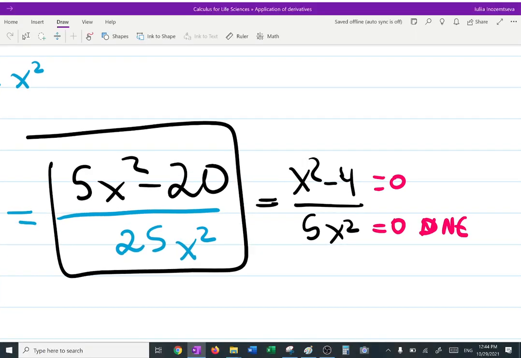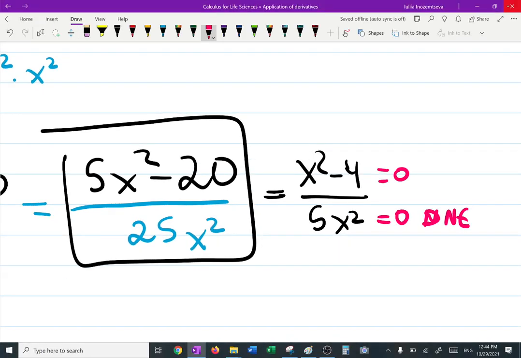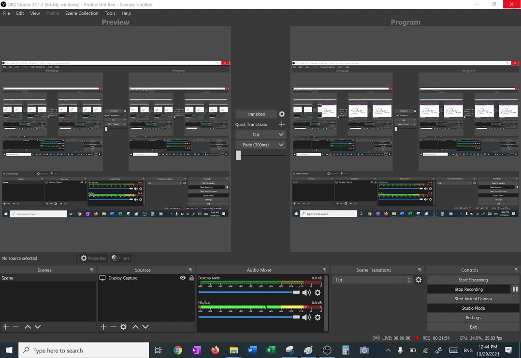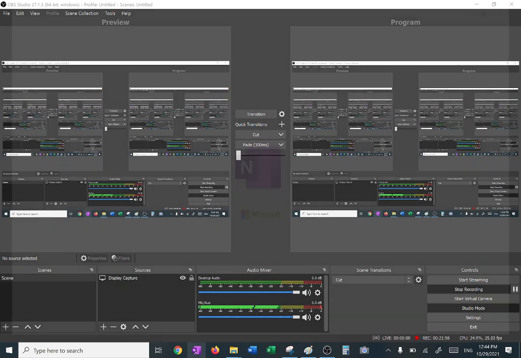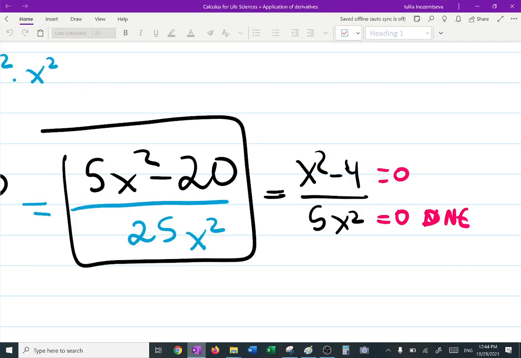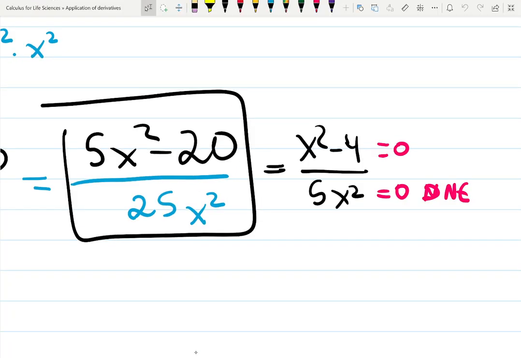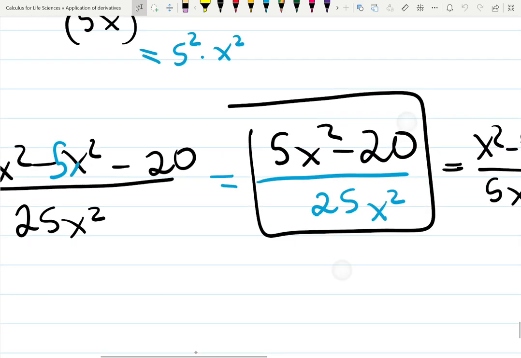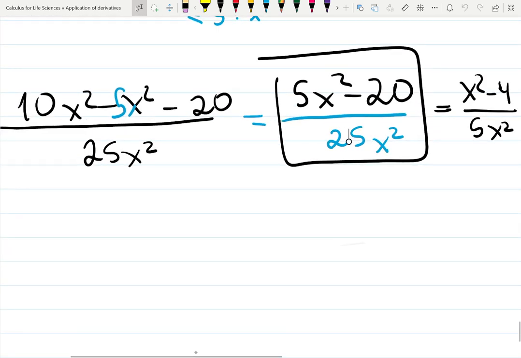Solve while I'm restarting. What 3 points do you get? I have 3 points. 0 and then plus and minus. Yeah, exactly. And now you should ask yourself, do you include all of them or not? Because critical points should be in the domain. So let's do it.